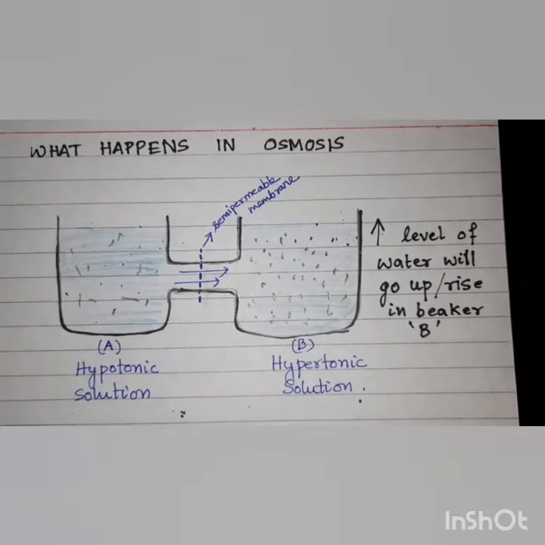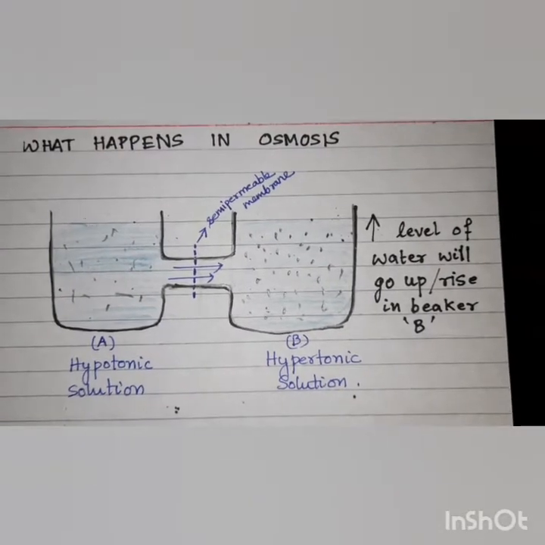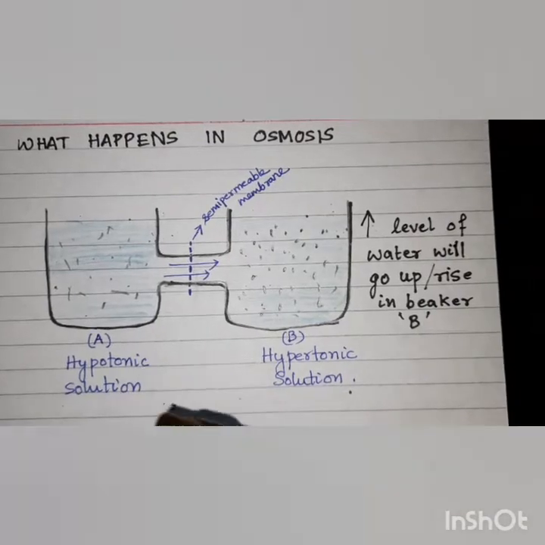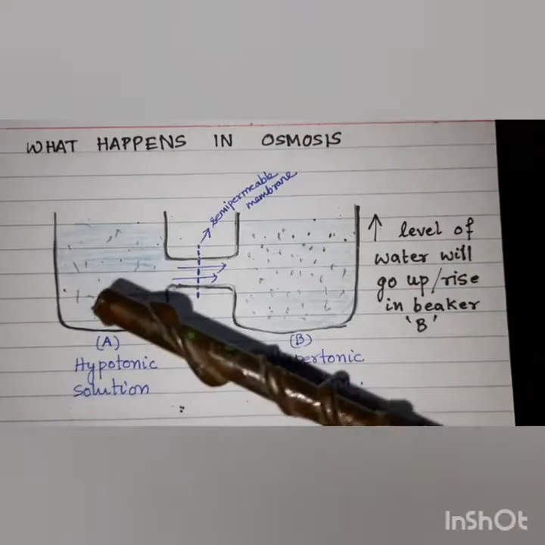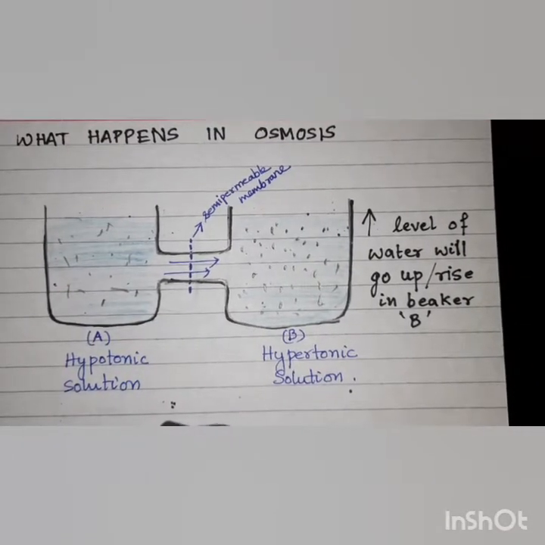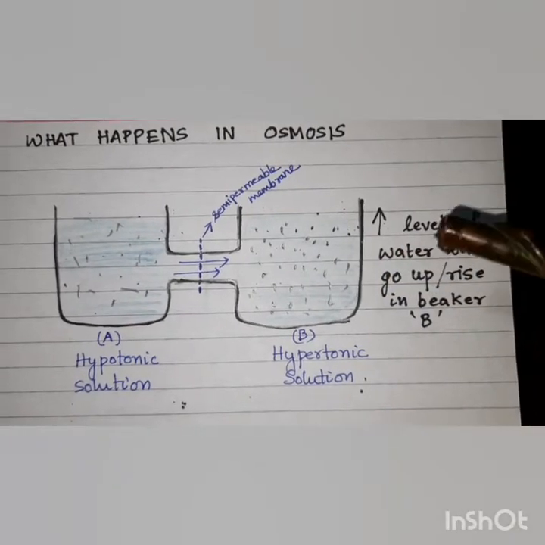To understand this in simple terms, if I taste the water in beaker A, it will taste less sweet as compared to beaker B, because if you remember, we have added 2 spoons of sugar in beaker A and 4 spoons of sugar in beaker B.